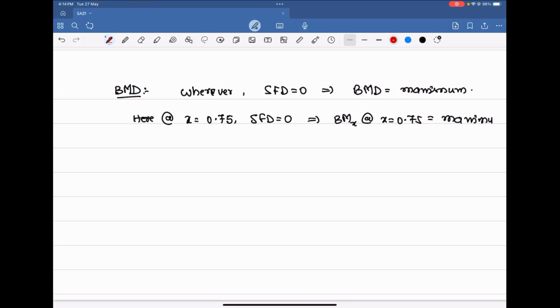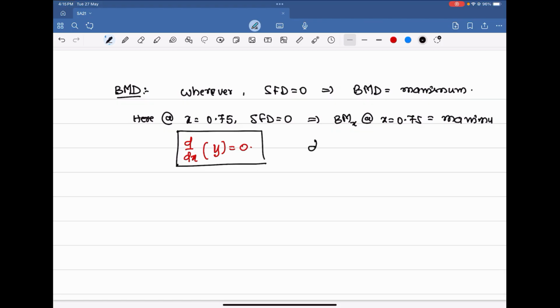Even though I have told you wherever SFD is equal to 0, BMD is maximum, the reason behind it is the calculus. As per calculus, for finding any variation value to be maximum, the differentiation d by dx of that particular value should be equal to 0. That is the principle.